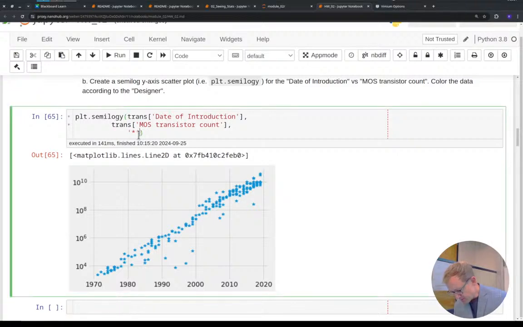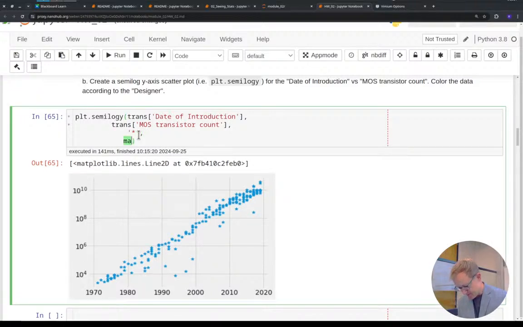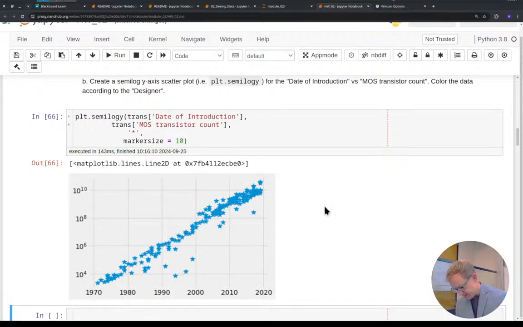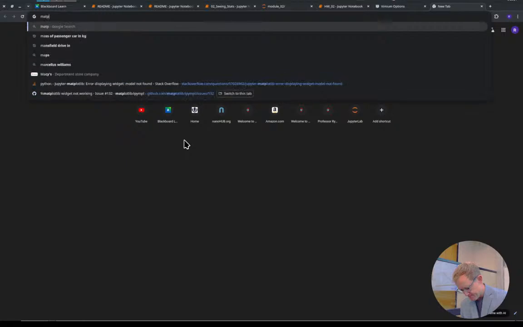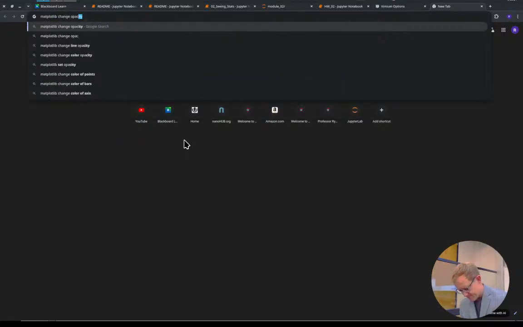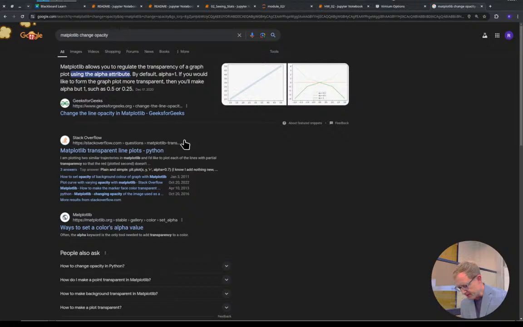If I'm going to use stars, I want bigger stars. Ta-da! What is it, opacity? No. Oh, alpha, that's what it is.